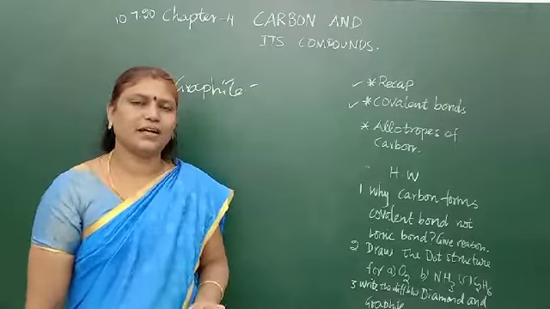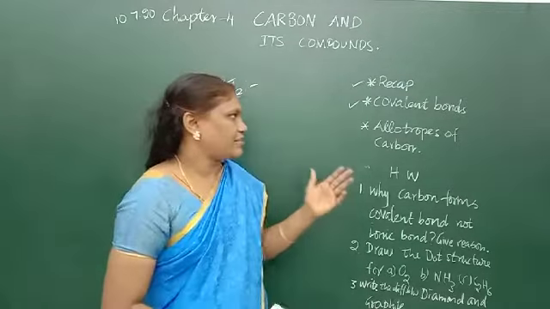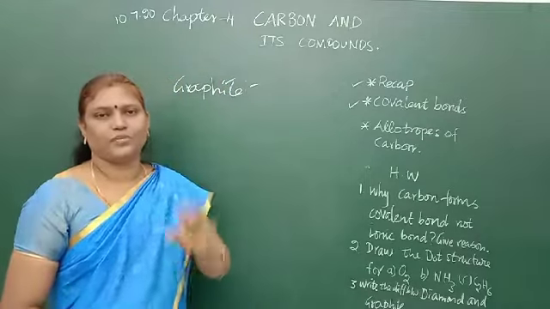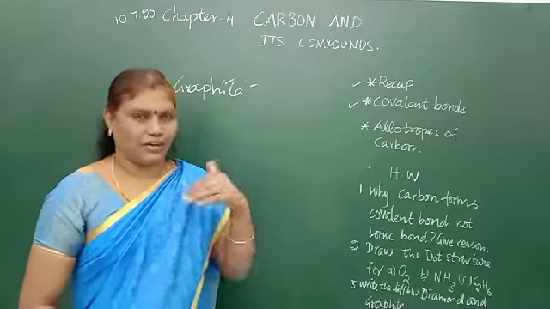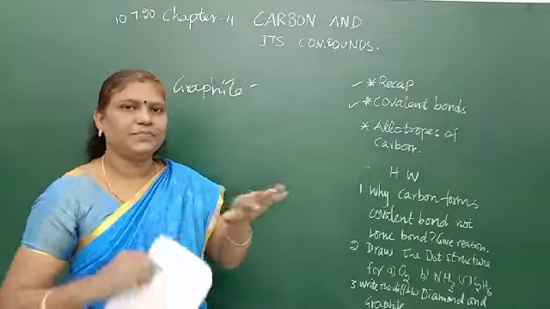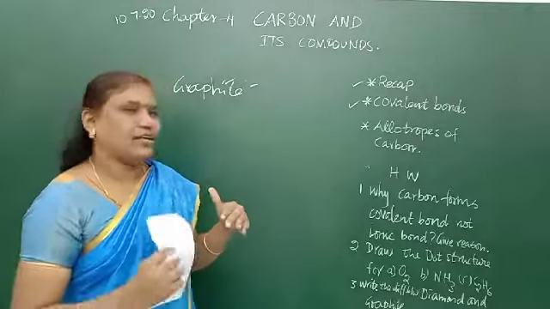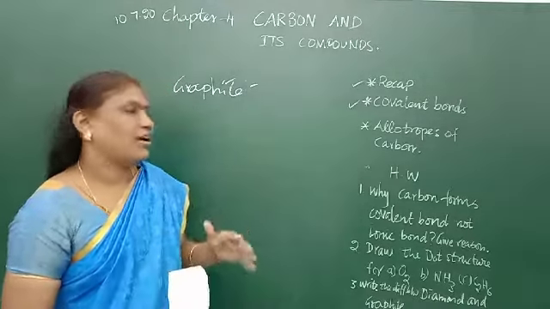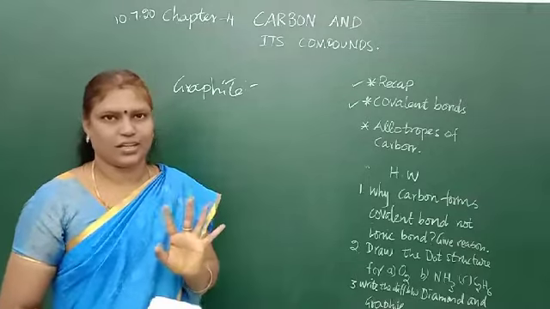We will see one more allotrope in the next session. So we have seen how covalent bonds are formed. Covalent bonds are formed by the mutual sharing of electrons. If you give one, I will give one. Like that, they share electrons. They will not completely transfer them. While drawing the dot structure, we should consider only the outermost shell electrons.